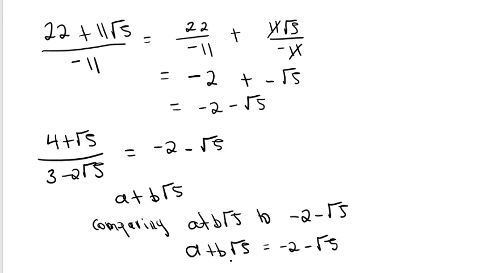Therefore, the coefficient of this root 5 is negative 1, because there is a negative there. Therefore, we conclude that a is equal to minus 2, and b is equal to minus 1.